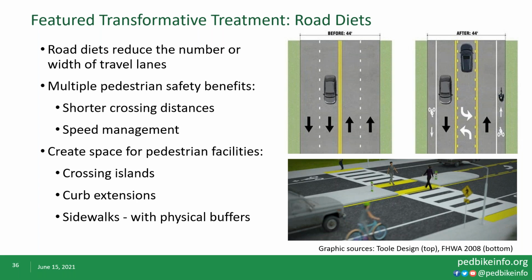Just backing up a half step, in case there's anybody on the line who is not yet familiar with road diets, that's when one or more motor vehicle through lanes is repurposed, and so the total number of through lanes is reduced. Implementing a road diet therefore frees up space in the right-of-way for critical pedestrian safety infrastructure, things like crossing islands, curb extensions, and sidewalks with physical buffers between motor vehicle travel lanes and the sidewalk edge.